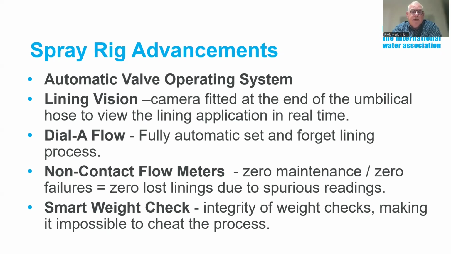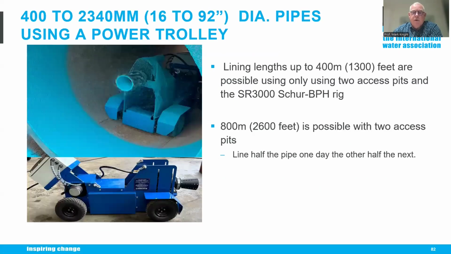And then we've got automatic set-and-forget lining. So the rig basically does everything, and the operator just monitors the whole situation. We also have non-contact flow meters and a smart weight check process to make sure that we've got integrity, so people can't cheat the process on the lining process itself.